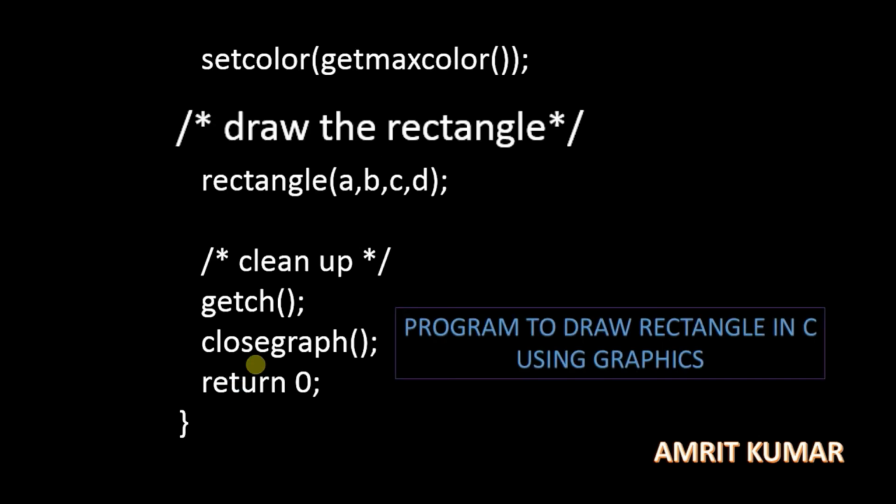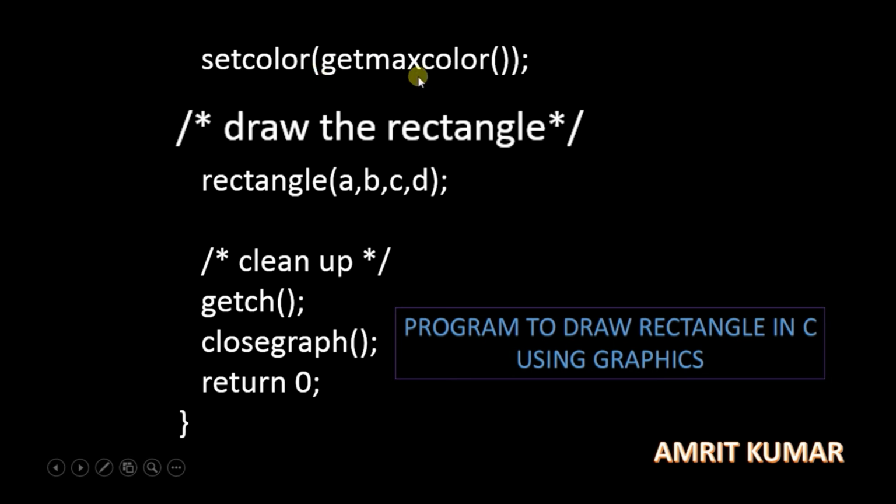After that you can see here I am using setcolor. Setcolor is a function under the graphics.h header file, because setcolor actually helps us to set a color, and getmaxcolor is also a function under the graphics.h header file. It sets the maximum color, meaning the maximum color on the basis of the contrast rating.